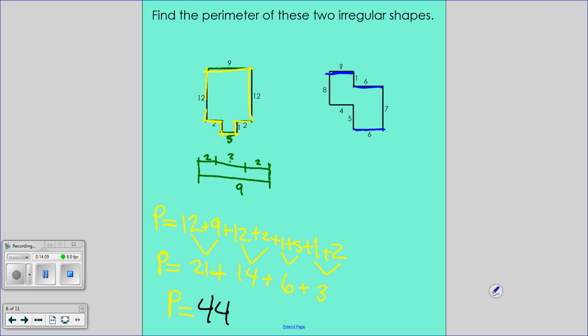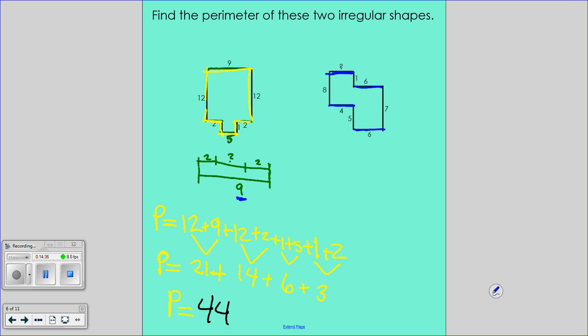McKenna? The 4. Did we have one big long side? 8. But that wasn't parallel. That was a parallel. Do we have any big long side that I can use, like I used the 9, where it was parallel? Do I have any of that over here?